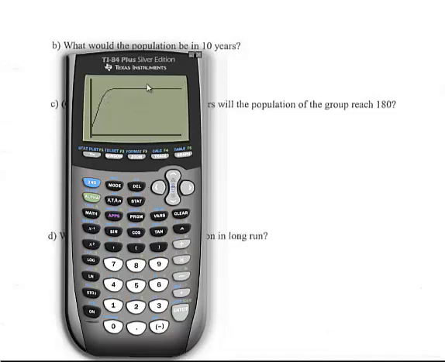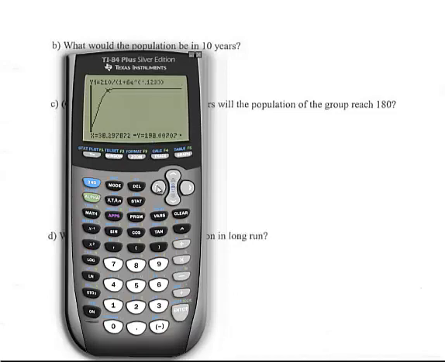And as you can see, I didn't lie to you: logistic functions reach a maximum level, and then they still increase beyond that point, but not by much. So let's trace along this curve and scroll back to where y equals 180.